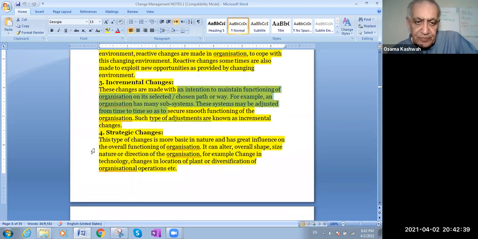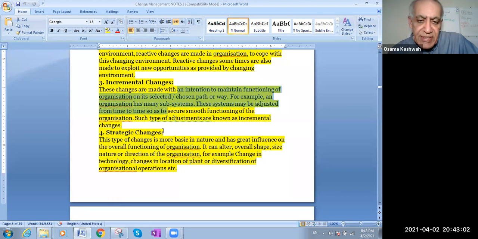As an example, if you are now doing the attendance manually, with a log-in book and log-out book, you can do it electronically on computers. So this is incremental change, step by step in the process. You change the process.